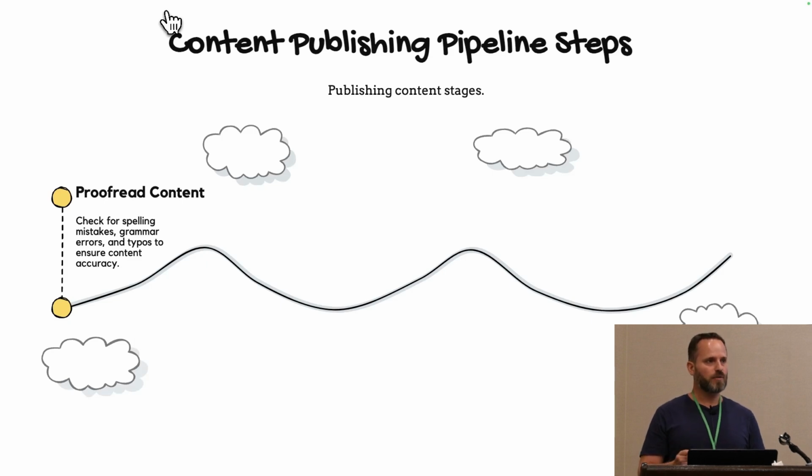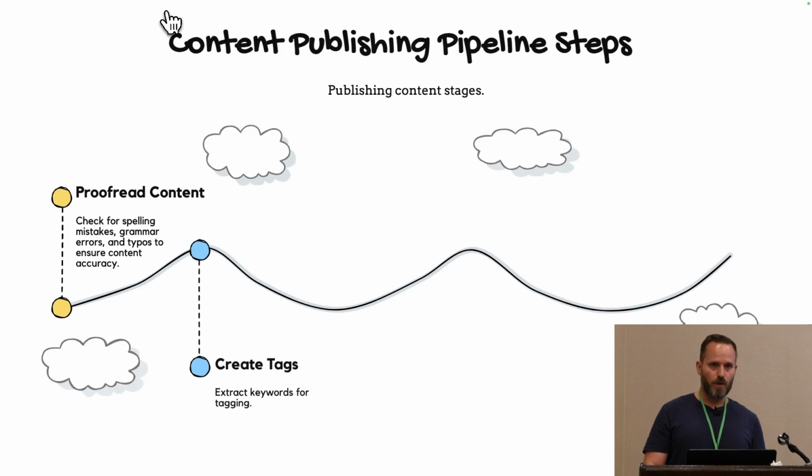You need to check for grammar errors, spelling errors, maybe some other typos, maybe the fluency of the content, etc. What about extracting keywords so that you can tag the content item, or maybe use it for social sharing? So keyword extraction is important.